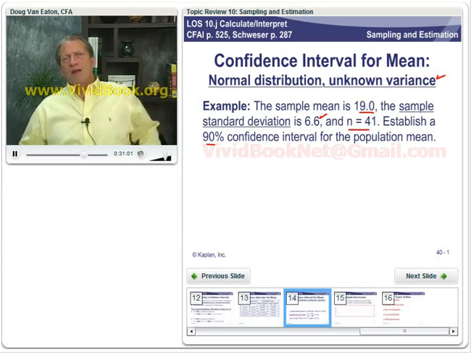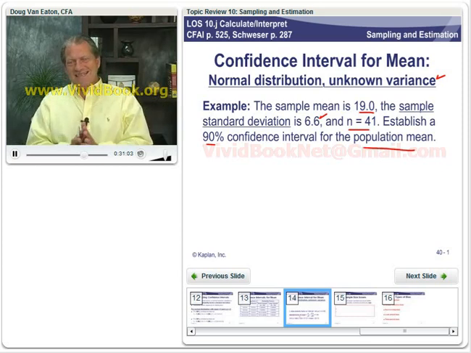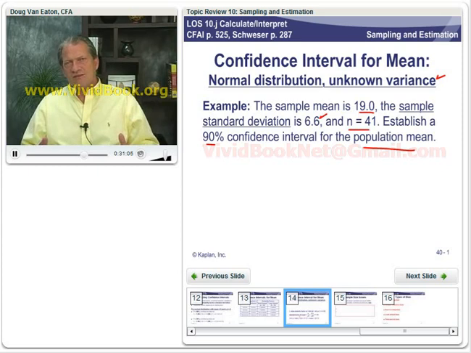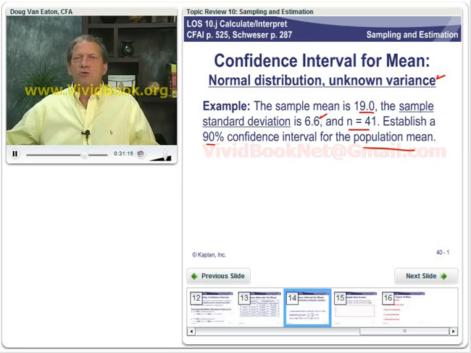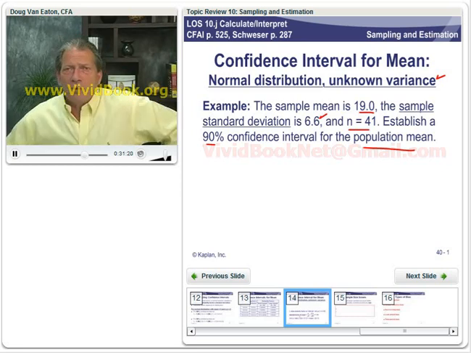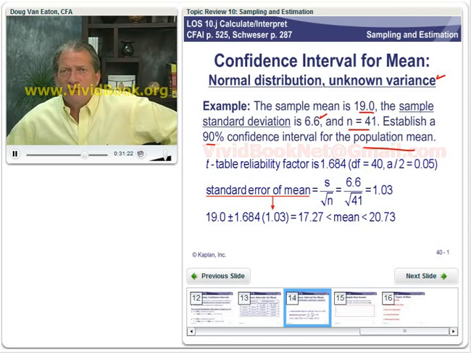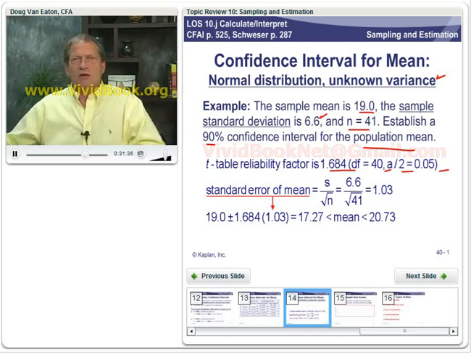Well, we're going to say our confidence interval is 19 plus or minus these standard errors on each side. How many standard errors? Depends on the sample size and our assumptions about the distribution of the sample means. So our t reliability factor here is 1.684 for degrees of freedom equals 40, and alpha over 2 is 5%. That says 5% in each tail. So that's putting 90% in our confidence interval.